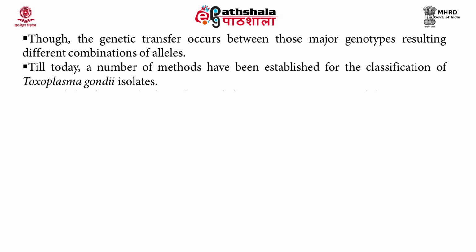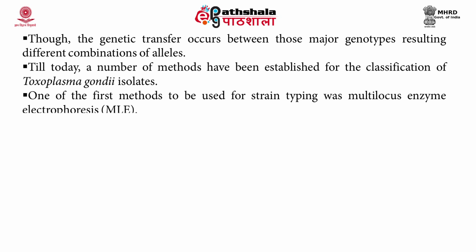Till today, a number of methods have been established for the classification of Toxoplasma gondii isolates. One of the first methods used for strain typing was multi-locus enzyme electrophoresis, or MLEE.